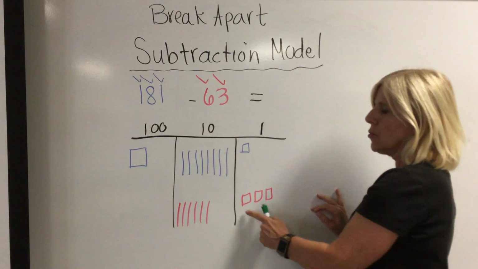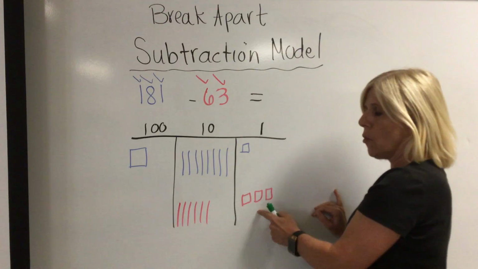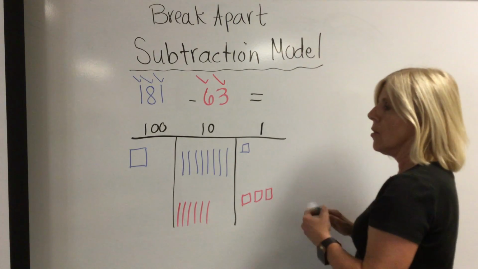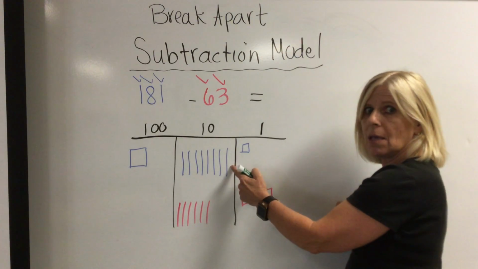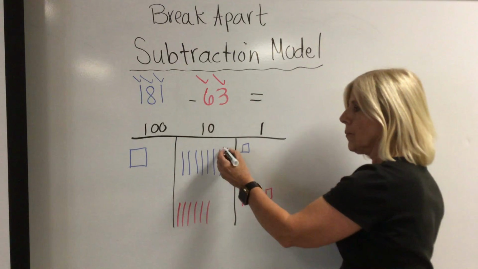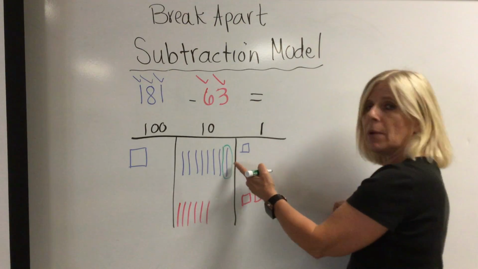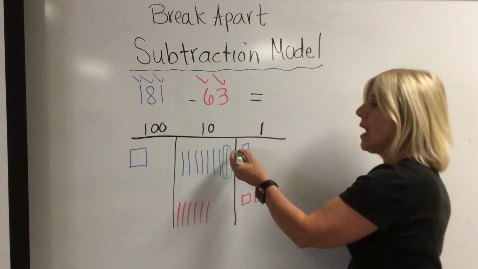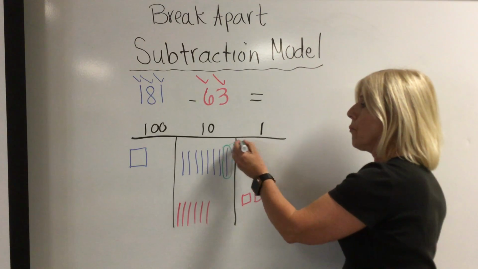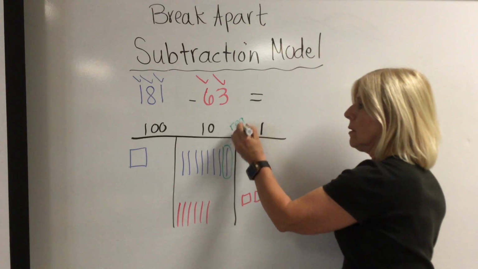As you can see, I have 3, and 3 is bigger than 1, so I'm going to have to regroup here. I need to go to my next place value position and pull it over. So I'm taking one of these 10s. How many ones are in 10? There's 10. So I'm bringing it over here, and that's called regrouping.